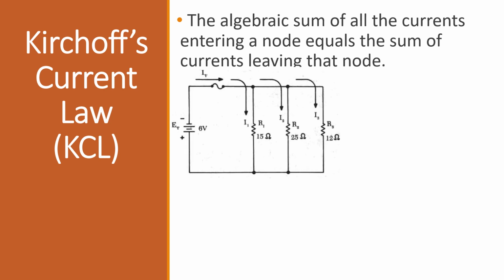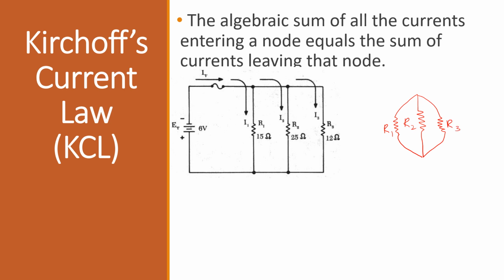Now, look at this circuit. We can redraw this circuit like this. This is the branch containing R2. This is the branch containing R1, and this is the branch containing R3.